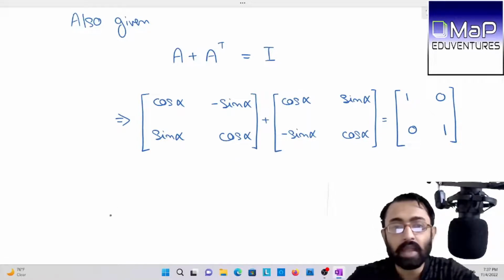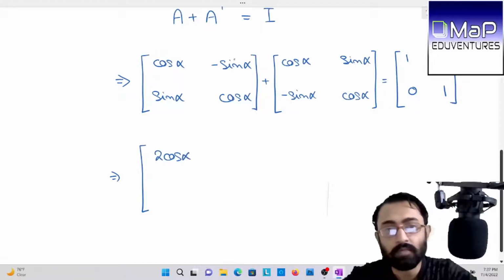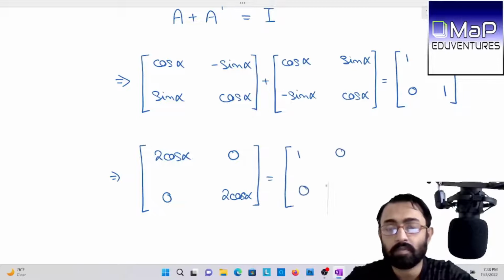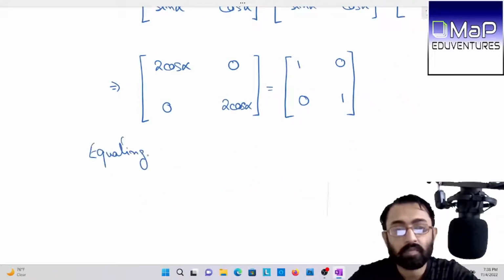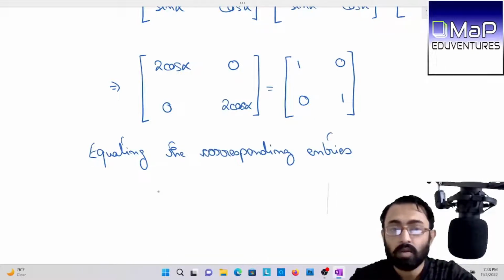Now here we add and see what the left hand side matrix becomes. So simply we know it will be cos alpha plus cos alpha, 2 times cos alpha, sin alpha minus sin alpha is 0. Again we get 0 and 2 times cos alpha. Then we equate the corresponding entries.